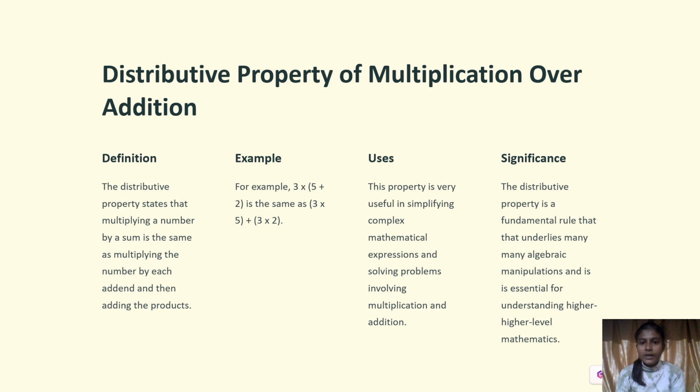This property is very useful in simplifying complex mathematical expressions and solving problems involving multiplication and addition. Significance of distributive property of multiplication over addition. The distributive property is a fundamental rule that underlies many algebraic manipulations and is essential for understanding higher level mathematics.